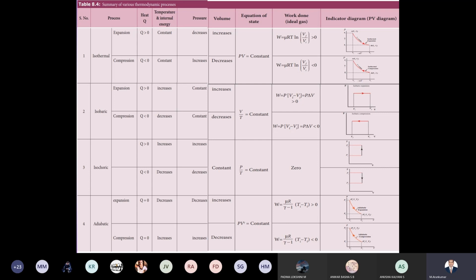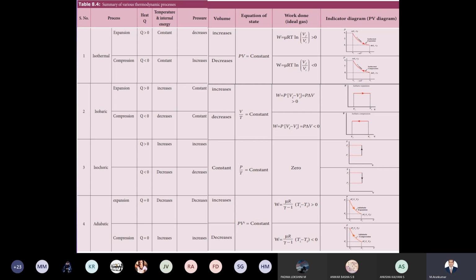For an isobaric process, the pressure is constant. So pressure P will be constant, and we can have V and T here. So T by V will become constant, or V by T will become constant, right?